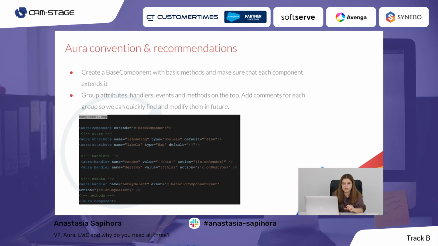It allowed them to leverage unprecedented productivity. Here are some benefits of using web components. So they can also coexist. It's also a benefit because it's easier to move from Aura technology to Lightning Web Components.